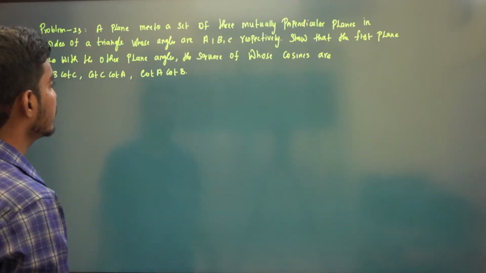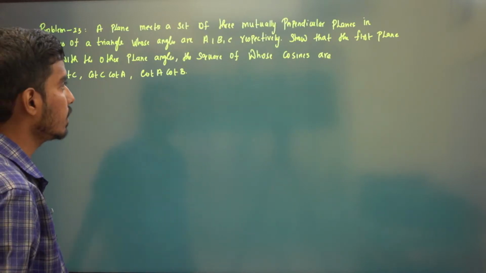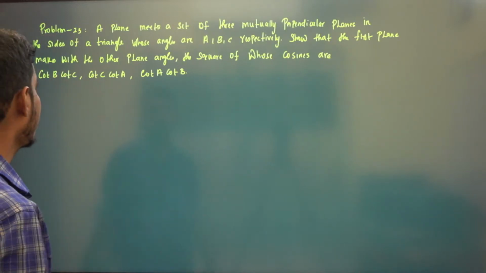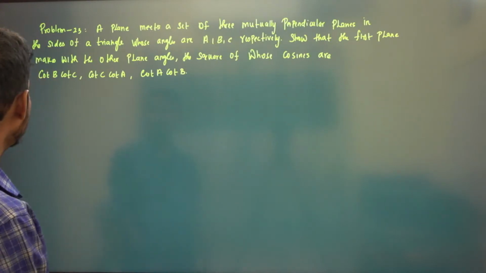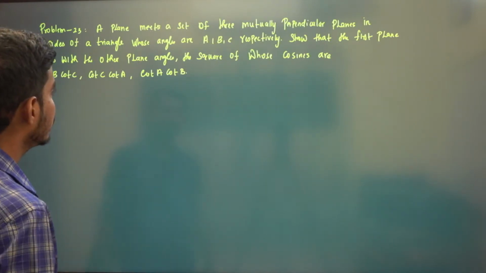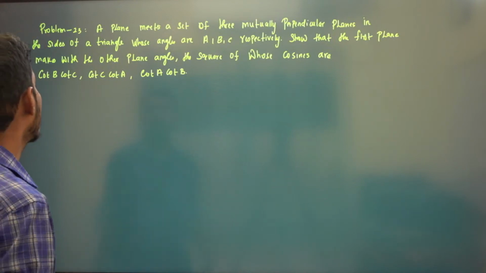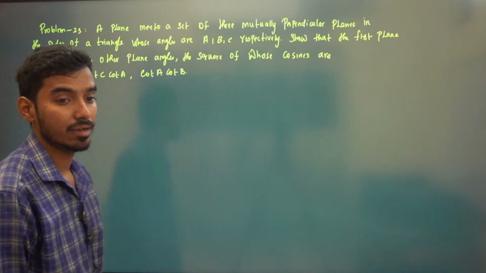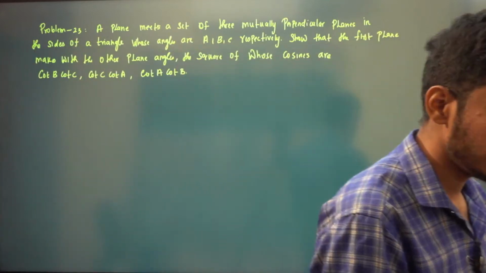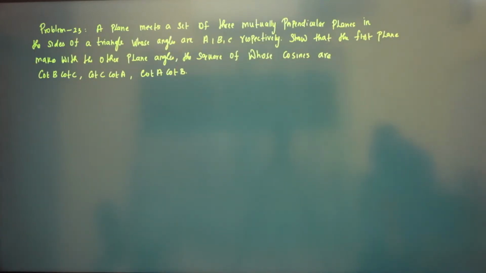A plane meets a set of three mutually perpendicular planes in the sides of a triangle whose angles are A, B, C respectively. Show that the first plane makes with the other planes angles the squares of whose cosines are cot B cot C, cot C cot A, cot A cot B. When you read it, it seems very uneasy to follow.